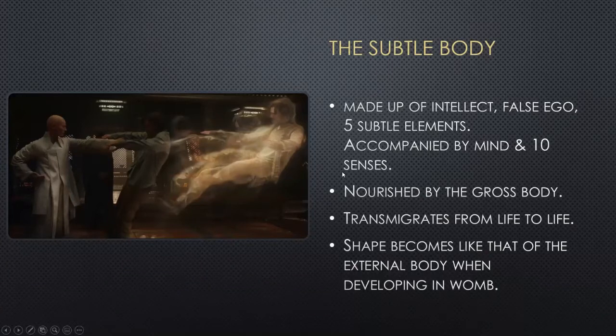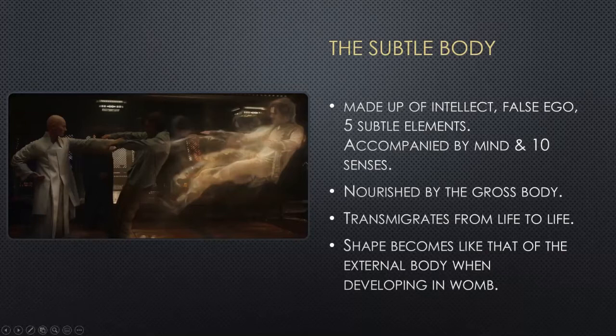Some authors, some pundits, put all of these together and say that it's the subtle body. Some make the distinction that it's only these three. Some say that it's only the five subtle elements. But in general, in some way or another, it has to have all of these elements.